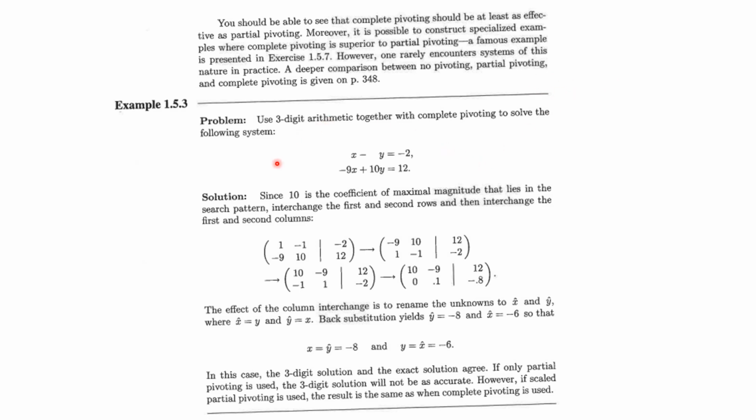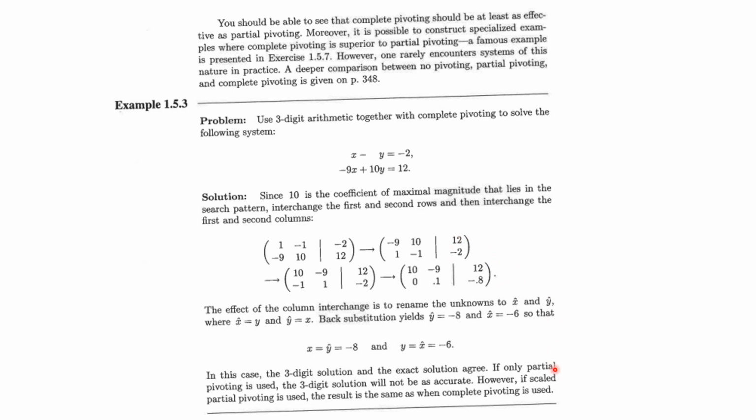Let's look at another example then. So here, use 3-digit arithmetic with complete pivoting to solve this problem. Since 10 is the coefficient of maximum magnitude that lies in the search pattern, interchange the first and second rows, and then interchange the first and second columns. So we do that here.